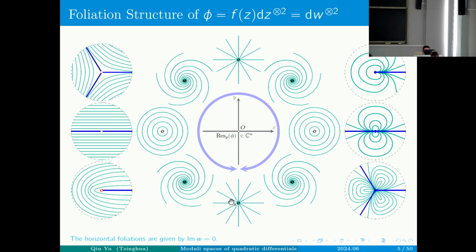And in the middle are the things that could happen at a double pole, which is the most complicated. Usually at a generic point, you should have this logarithmic spiral. But you can also have co-centered circles, or you can have straight lines through these points.